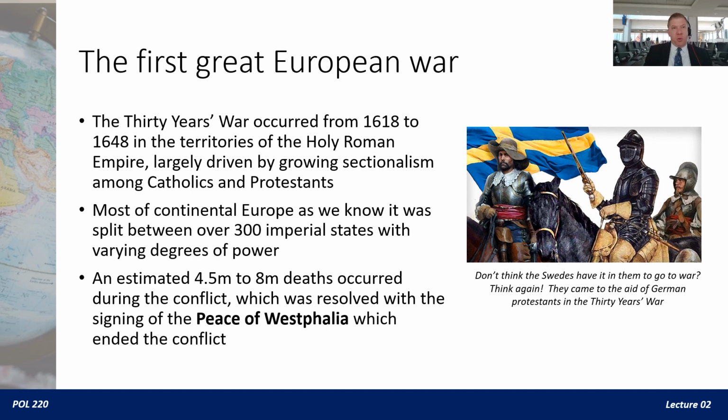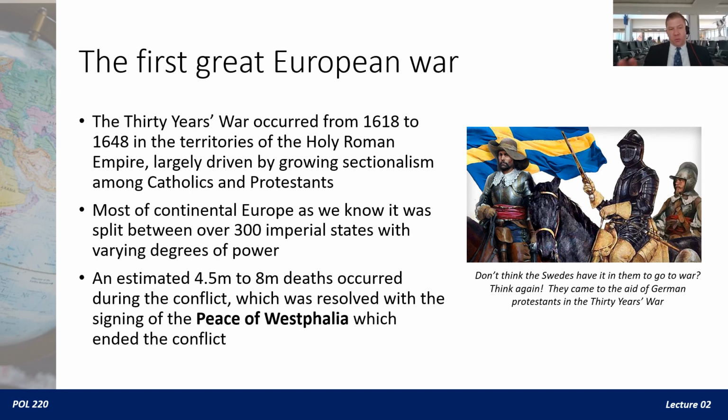Once that government was toppled by the United States, you started to see a lot of sectionalist violence start to emerge. And this is kind of what's going on during the 30 Years' War. And you've got this distinction, of course, between the Catholics and Protestants. Most of you are probably familiar with the history of Protestantism and its growth, and Martin Luther and his role in it. It's a really interesting part of world history.